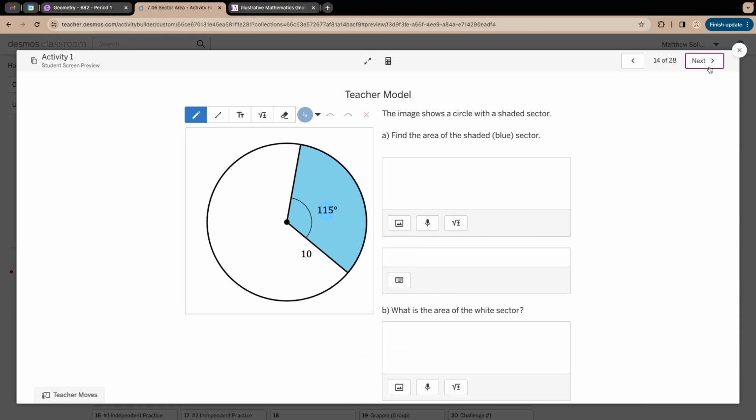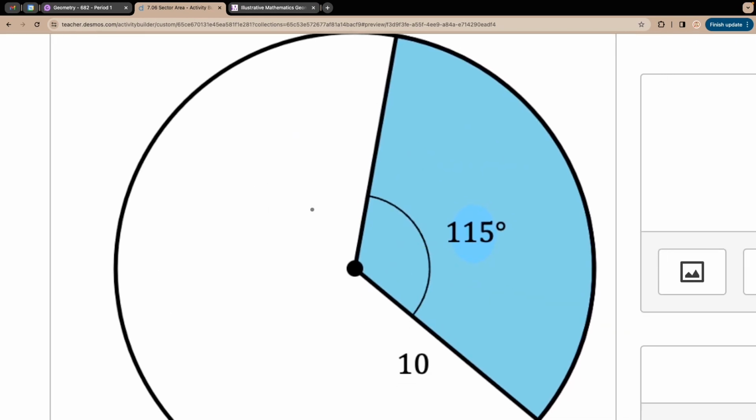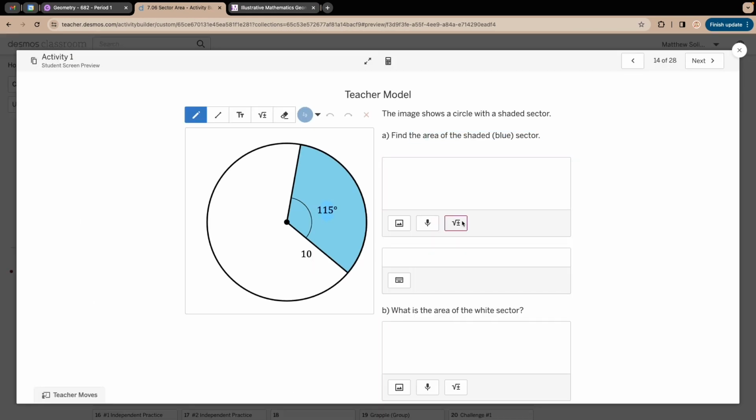So let me show you an example of how we would calculate the area of a sector. If I wanted to calculate the area of the blue sector, I see it's not the whole area. So my sector, I'm just going to put an S for sector, equals, well, I know the whole area is pi r squared, but I don't want the whole thing.